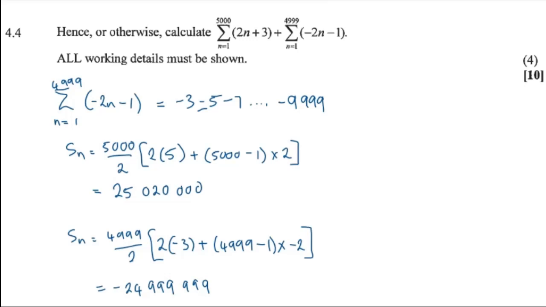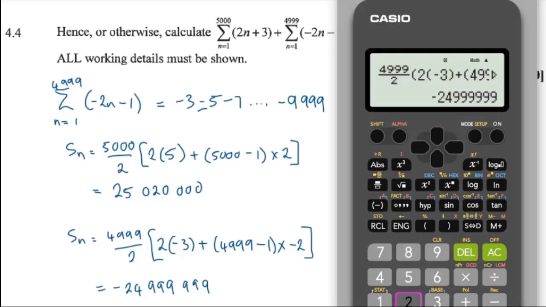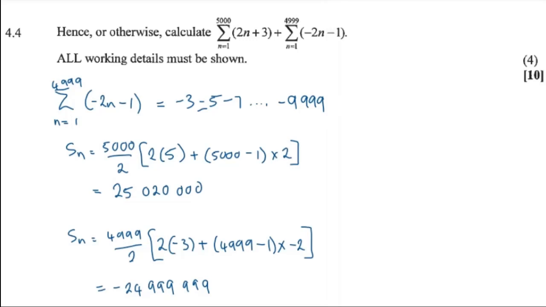Let's do that quickly in the calculator. 25,020,000 plus, open bracket, negative 24,999,999, close bracket, which means our answer there is 20,001. So that is the kind of exam question you can get. Let's move on to the next question.